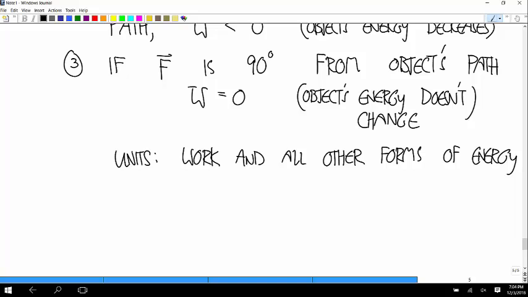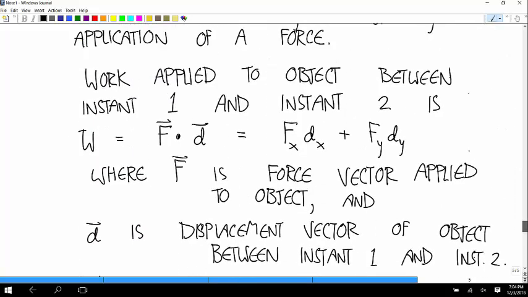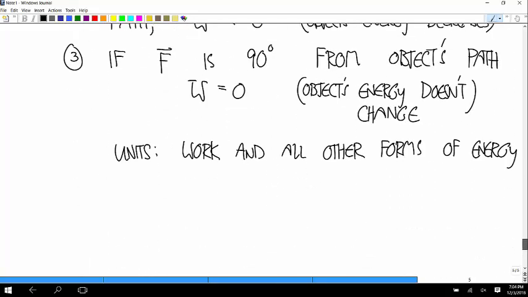We know from the definition of work, if you look at how you calculate it here, you have units of force times units of length.